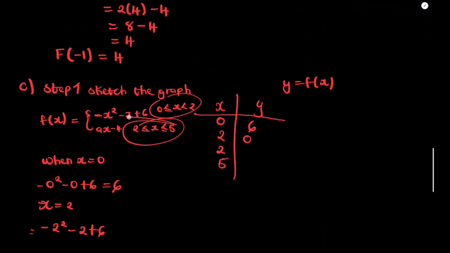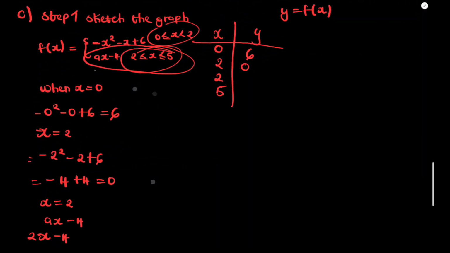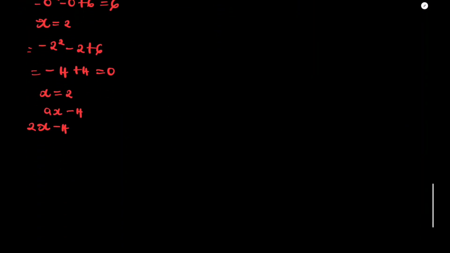So we'll go to the second case. When x is 2 in that second case, we are supposed to substitute x in the function ax minus 4, but a is 2, so we have 2x minus 4. Since we found out that a was 2, we substitute 2 in this.